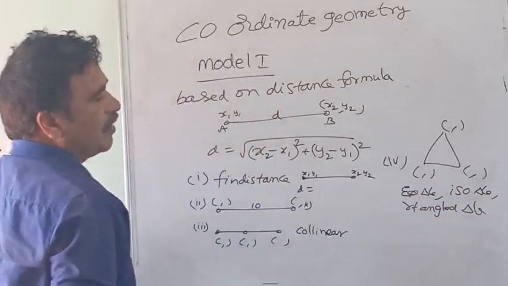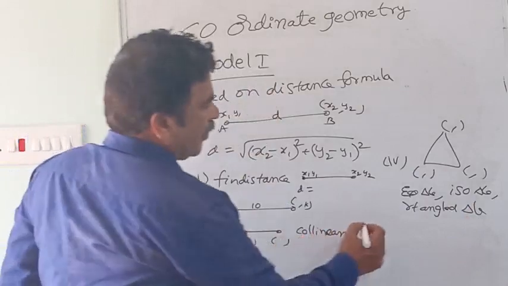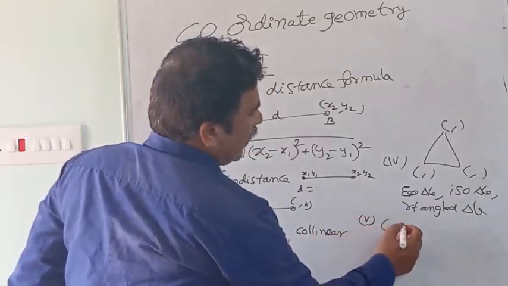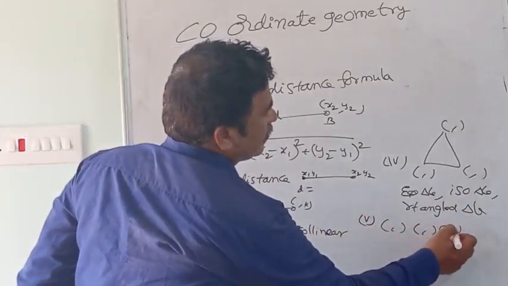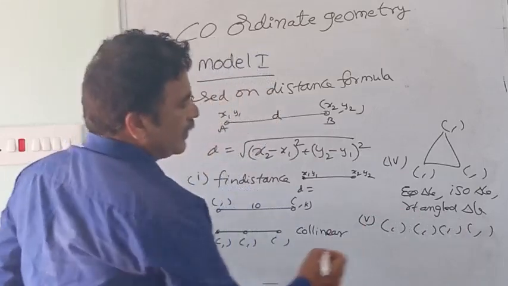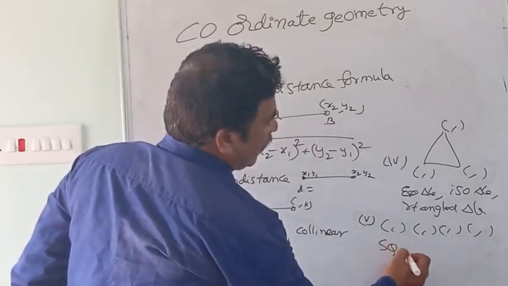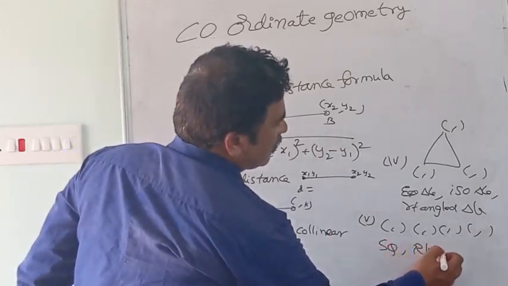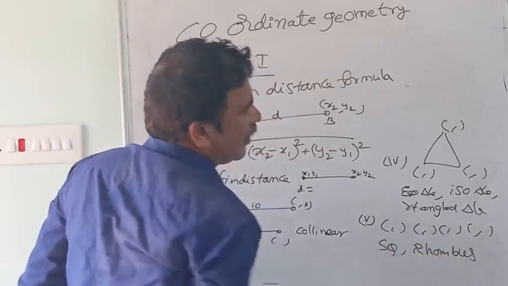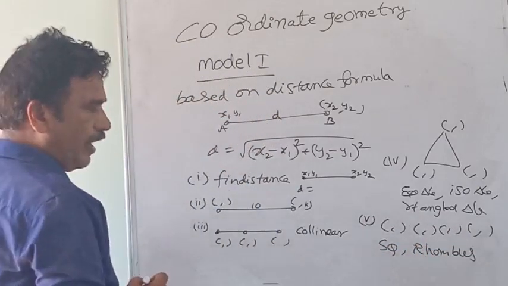That means find distances only. In the fifth type, he will give 4 points and ask to check whether it is a square or rhombus.